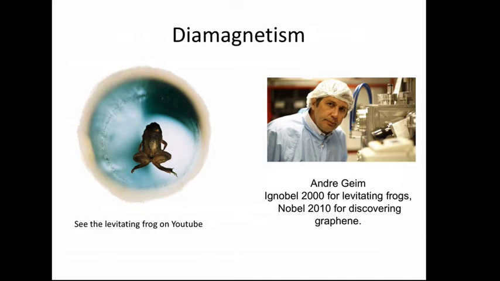One visible effect of this is diamagnetic levitation. One great example you can see on YouTube you will find just by entering the search term levitating frog. Take a moment to be impressed by Andre Geim, who levitated the frog and was awarded an Ig Nobel Prize for it in the year 2000, but then went on to win a Nobel Prize in 2010 for his work on graphene.